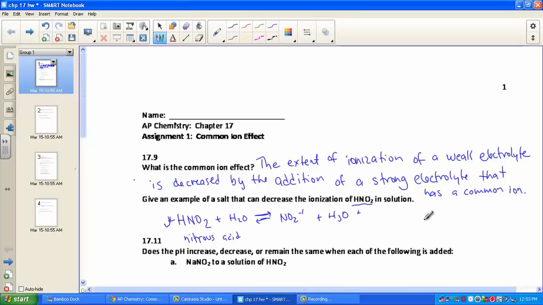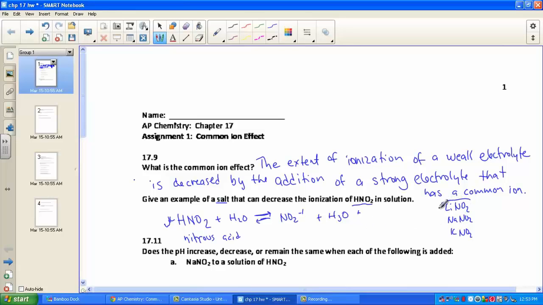If we were to add, let's just say a salt, not an acid, not a base, but it has a common ion. Well, the ion here from this weak acid is nitrite. And a salt has any other first name, any other positive ion other than the hydrogen. Lithium nitrite, sodium nitrite, potassium nitrite, I can just pick any positive ion and call that a salt, positive hooked to negative.